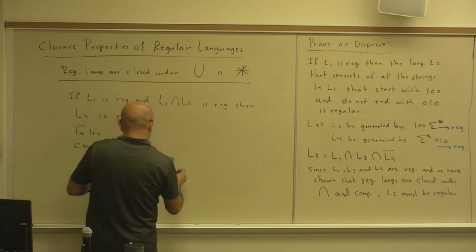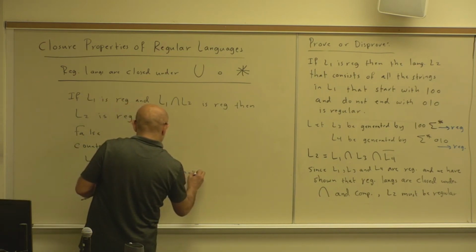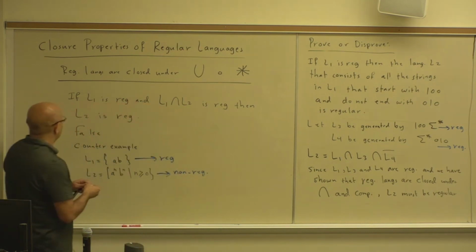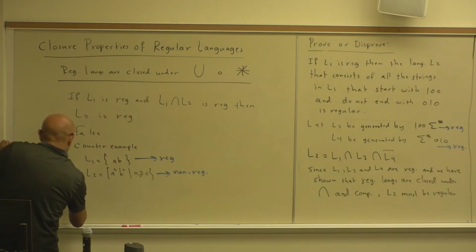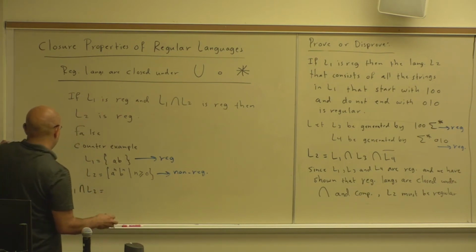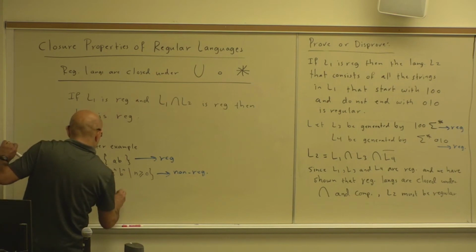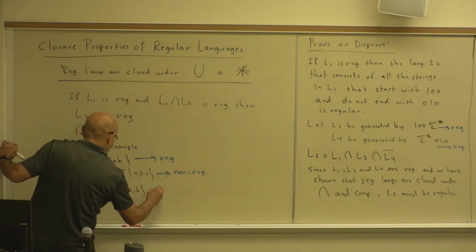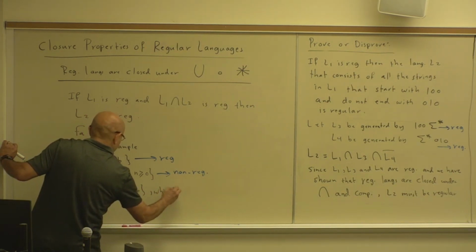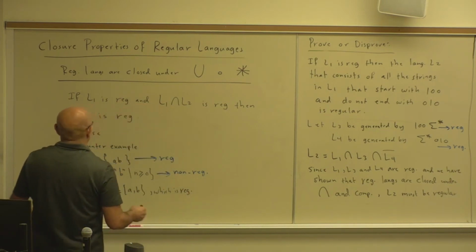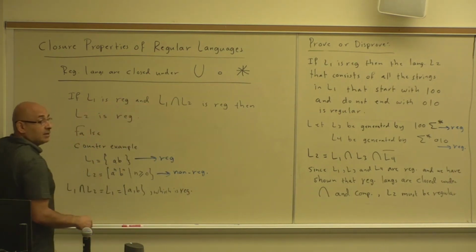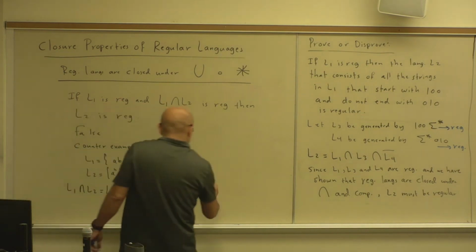And L2 is non-regular. So the intersection, L1 intersection L2, equals L1, which is AB, which is regular. But L2 is not regular. So the intersection is regular, but L2 is not regular.